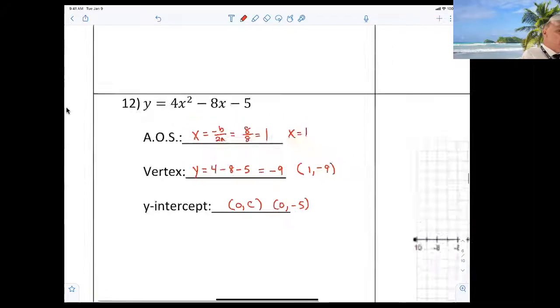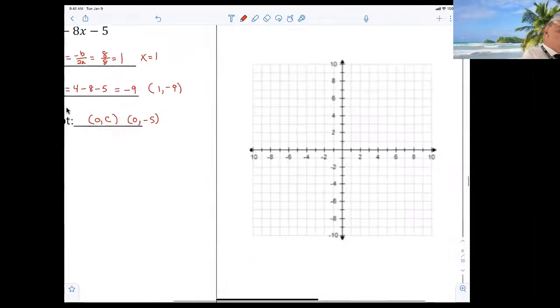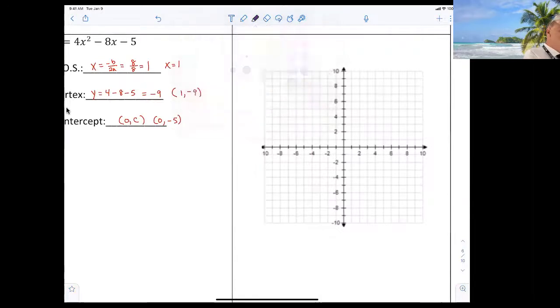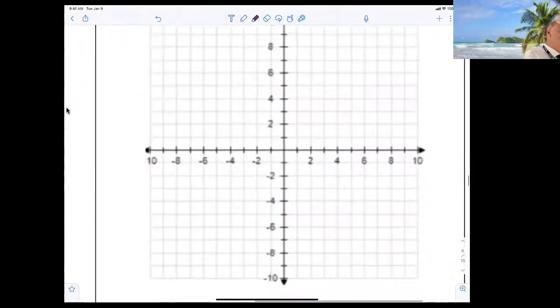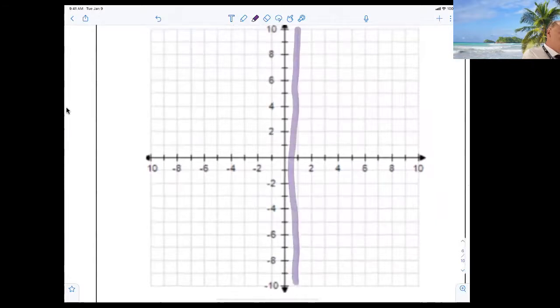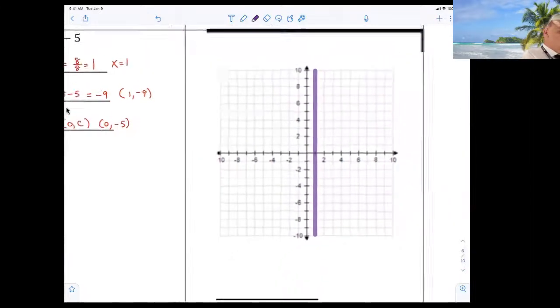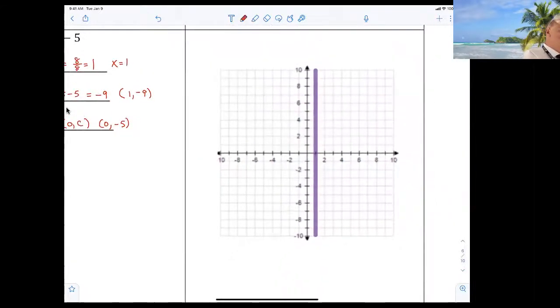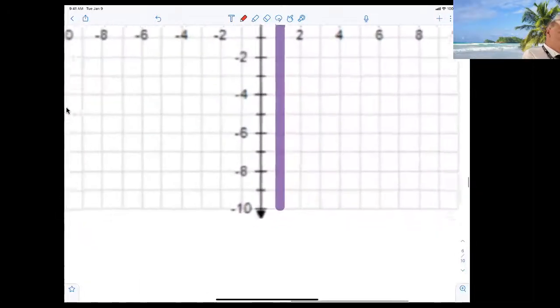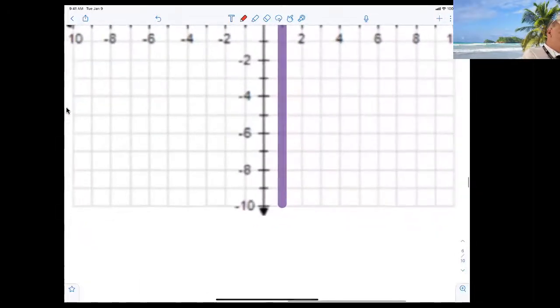All right, here we go. Now let's graph the axis of symmetry, x equals 1. Vertex is where? So let's graph 1, negative 9.